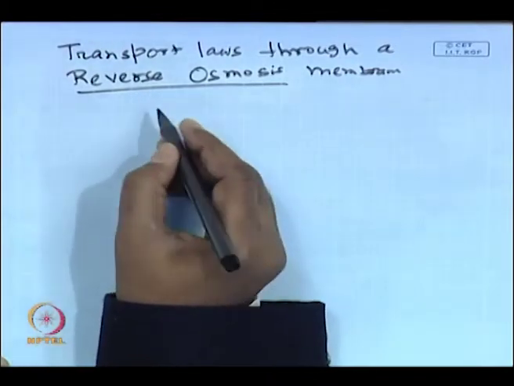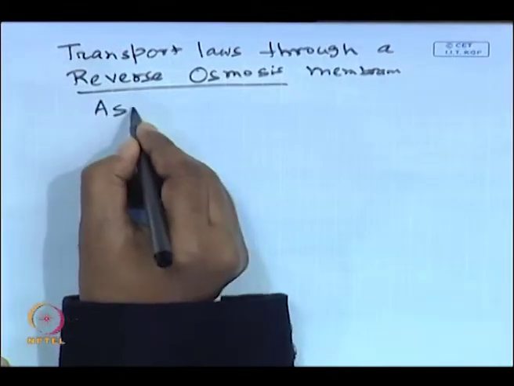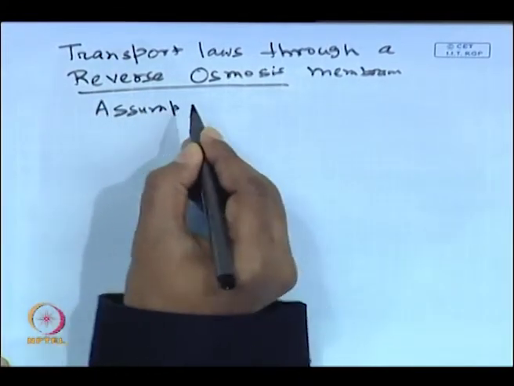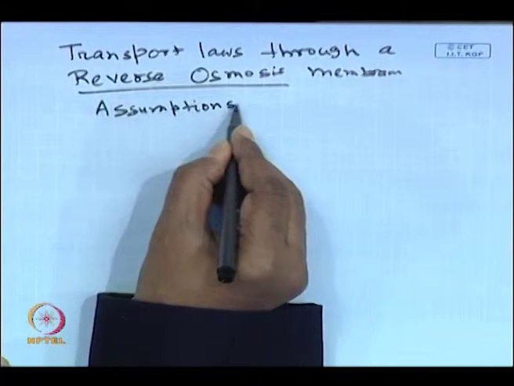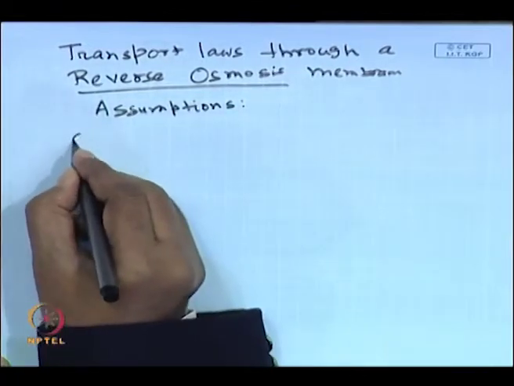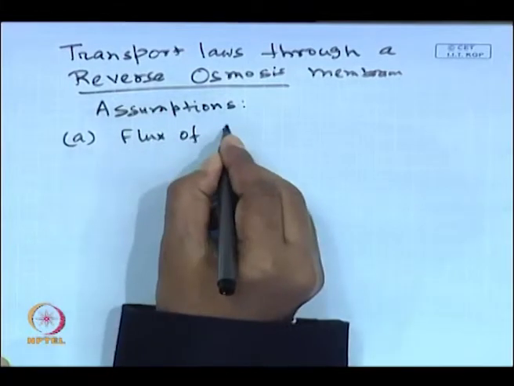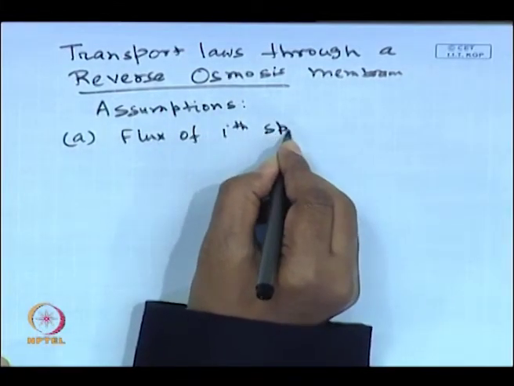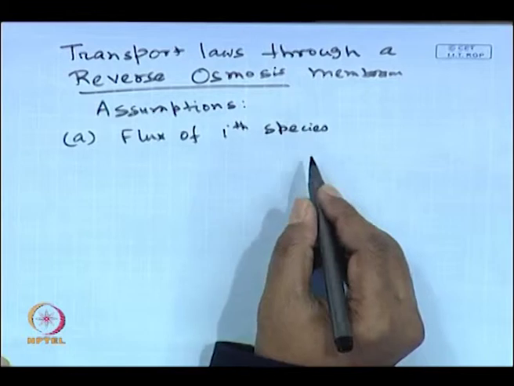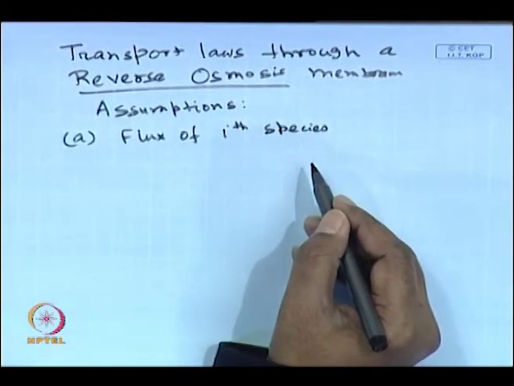Okay. Now, there are certain assumptions before we start looking into the theory. What are the assumptions? The flux of the ith species. What are the ith species? Different species, one is the solvent and the other is the solute.